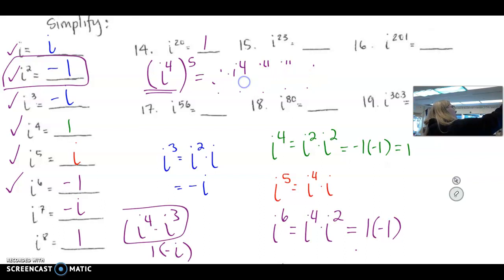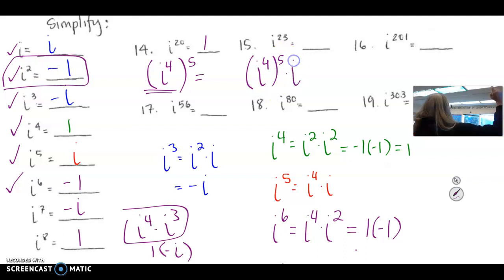It is not -1. Okay. Does 4 go evenly into 23? No. So I can write i to the 23rd as i to the 4th to the 5th. That's i to the 20th. How many more i's are missing from that? 3. So this is i to the 3rd.